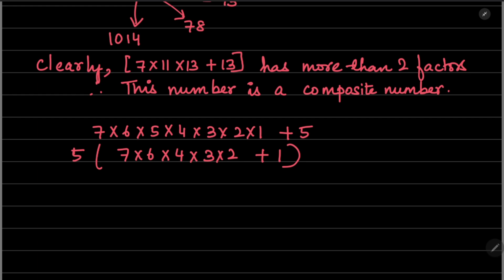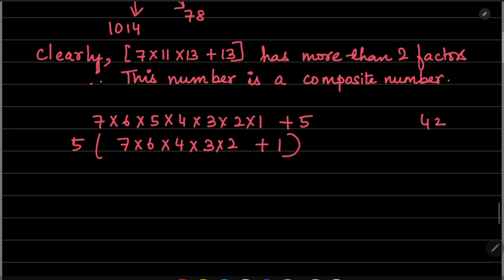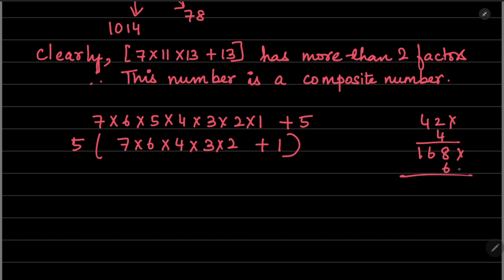If you multiply here, 7 into 6 is 42, multiplied by 4, you get 168. 168 into 6, 3 2s are 6, so 1008. So you are getting 5 into 1008 plus 1. This is 5 into 1009.